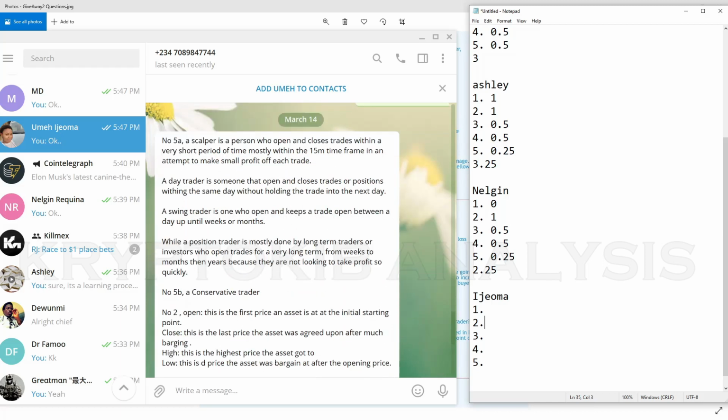So you started with number 5A. A scalper is a person who opens and closes trades within a very short time period. That's correct. A day trader is someone that opens and closes trades or positions within the same day. That's correct. Swing trader opens for weeks or months. That's correct. Position trader is mainly okay, that's correct. So that number 5A, that's 0.5. Let's go to the 5B. Conservative trader.